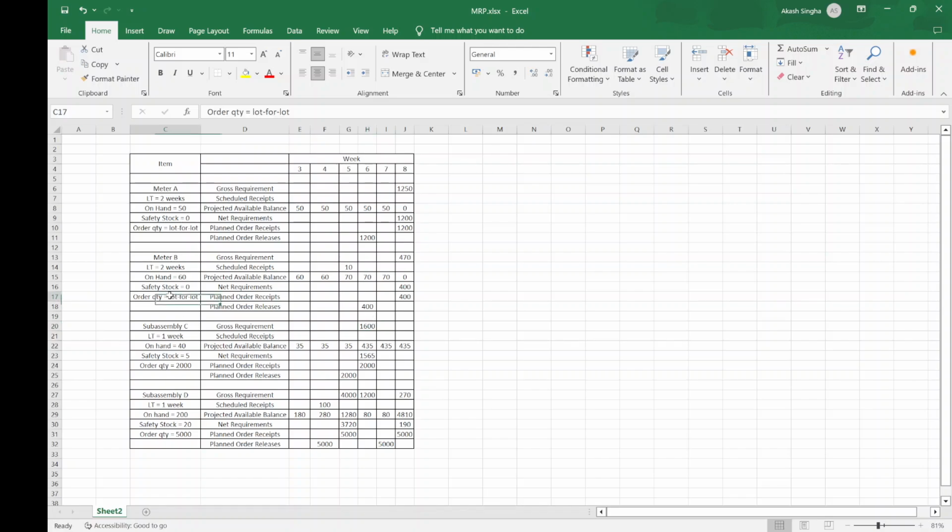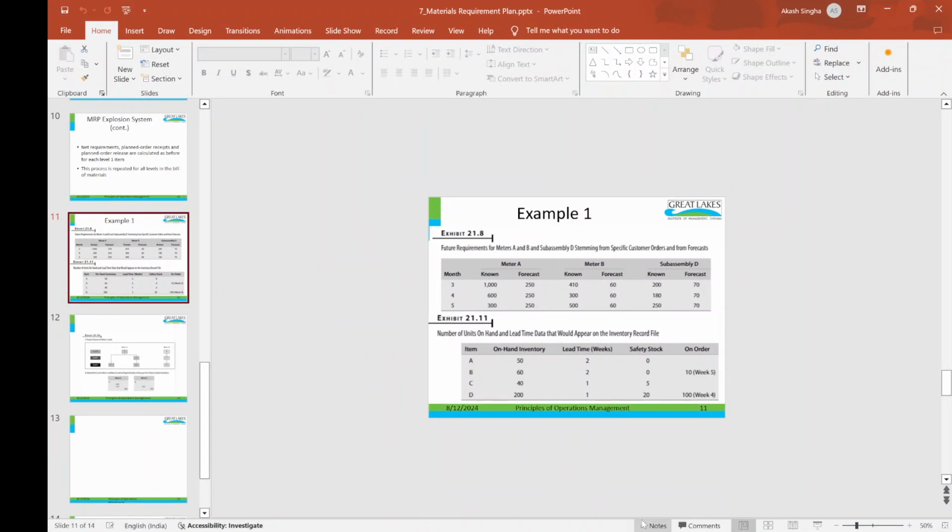Now, for the others it was lot for lot, meaning whatever was needed we were ordering. Here it is said that the order quantity should be 2000. So whatever amount is needed, we can only order 2000 at a single time. So 35, 35, 35. In the sixth week, 1600 is needed, and its lead time is 1 week, as given here.